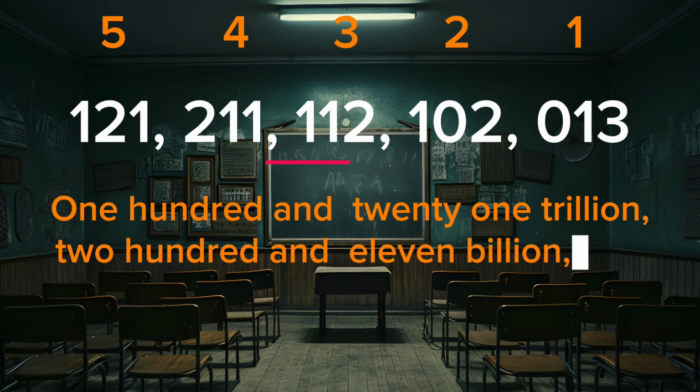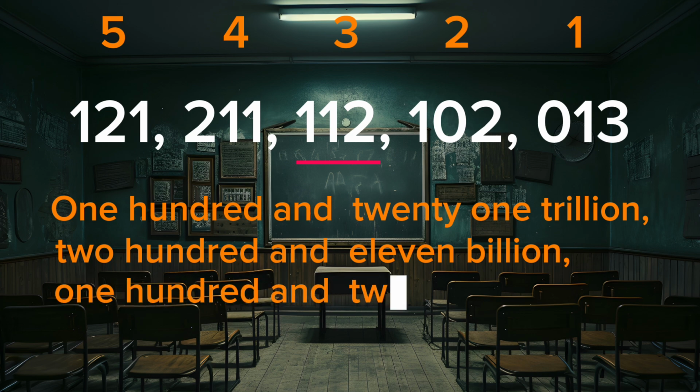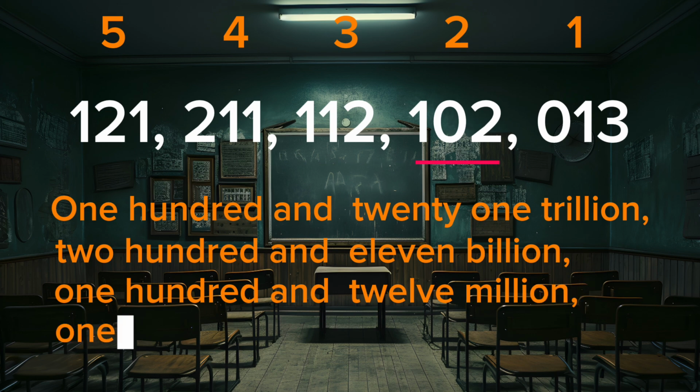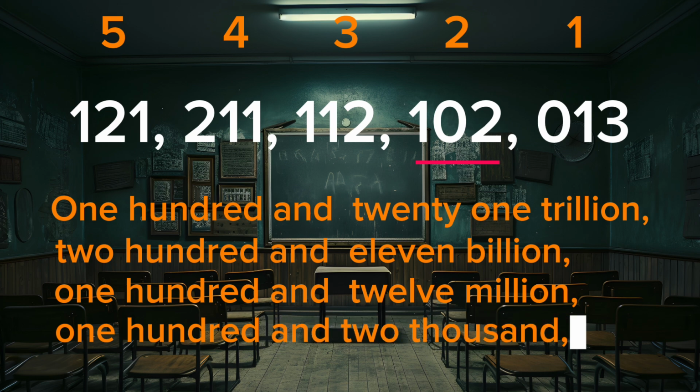The next group is millions, so we write 112 million. Then for thousand, we write 102,000. And lastly, we just write and 13.